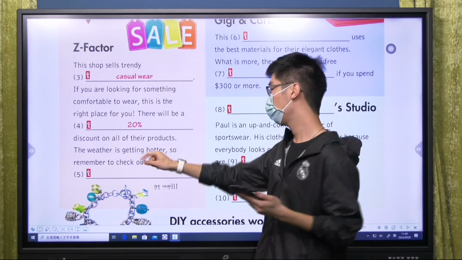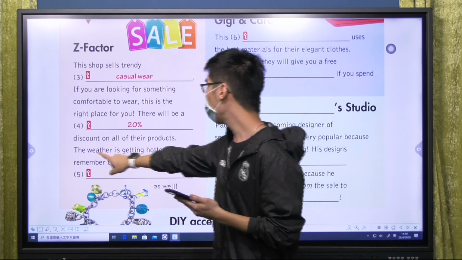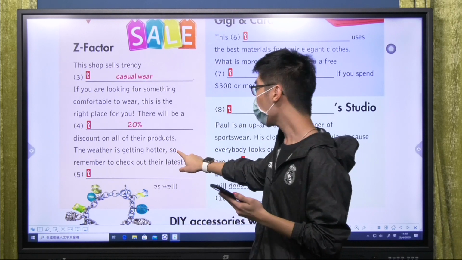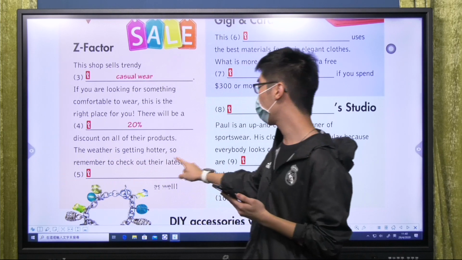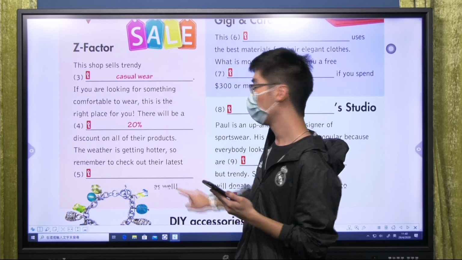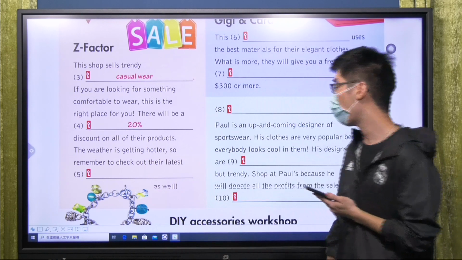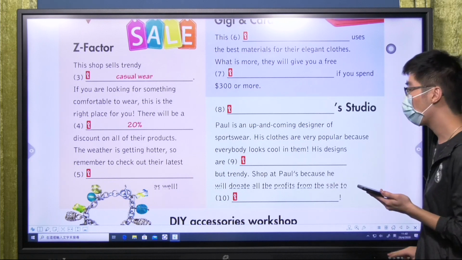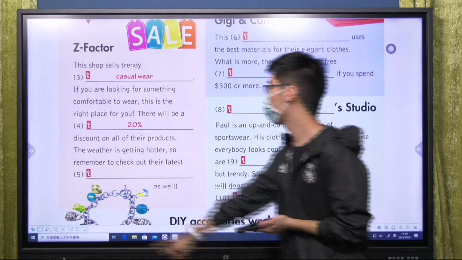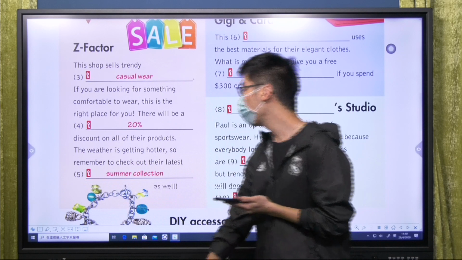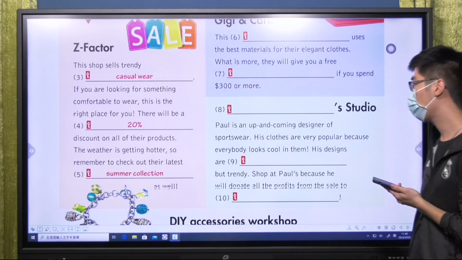The weather is getting hotter, so remember to check out their latest summer collection. Exactly, you can find this wording in the data file part and the recording part, okay?